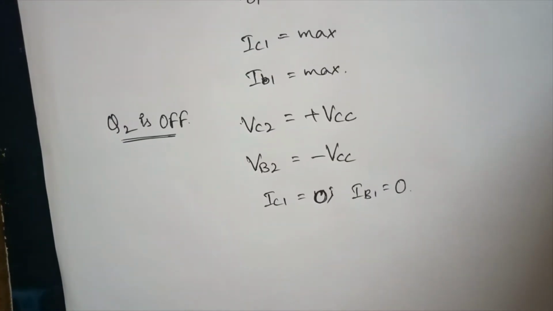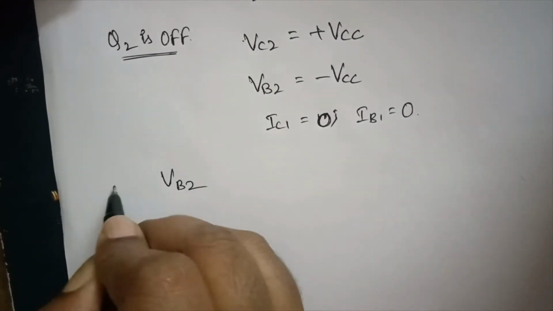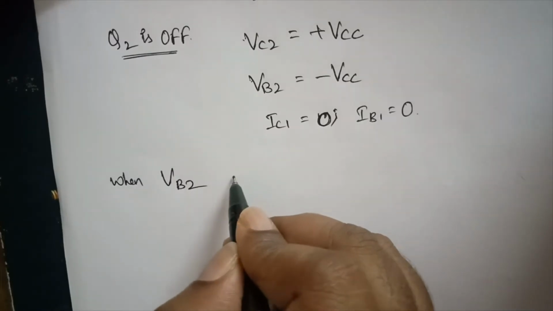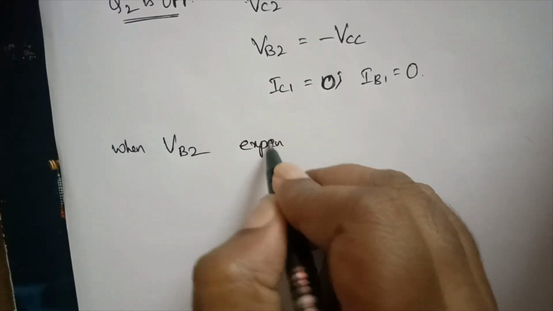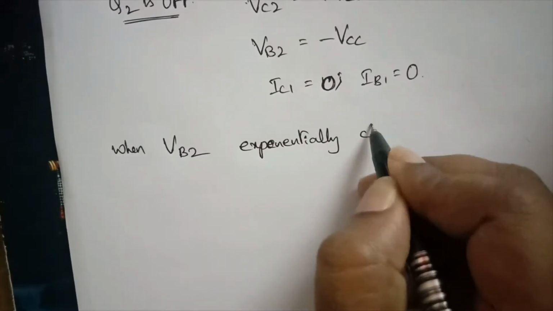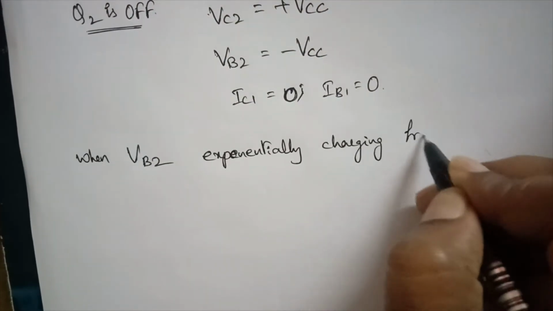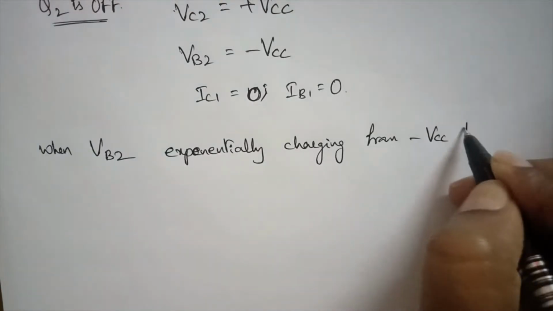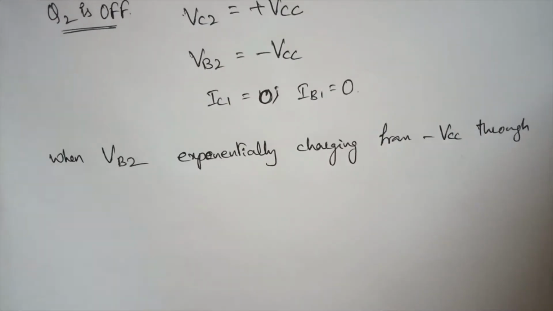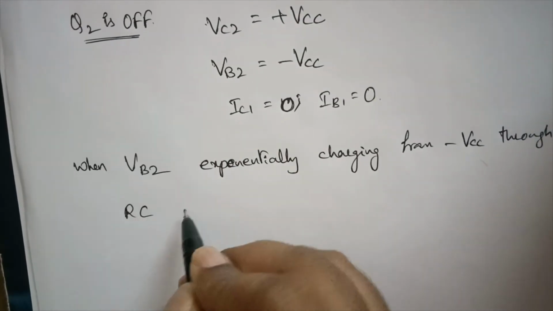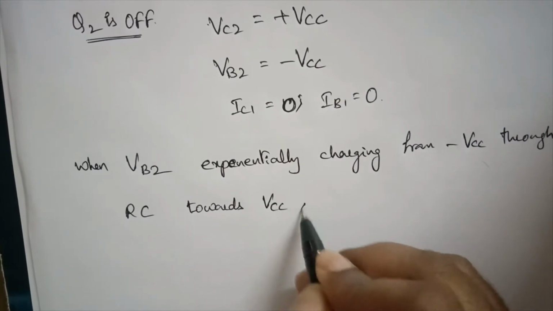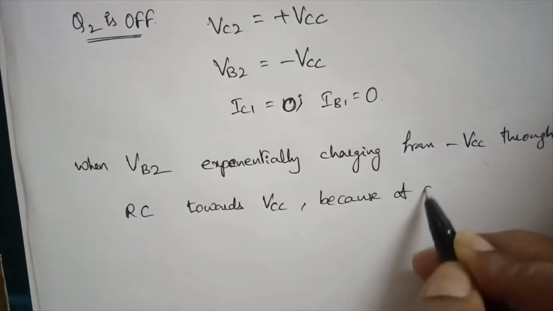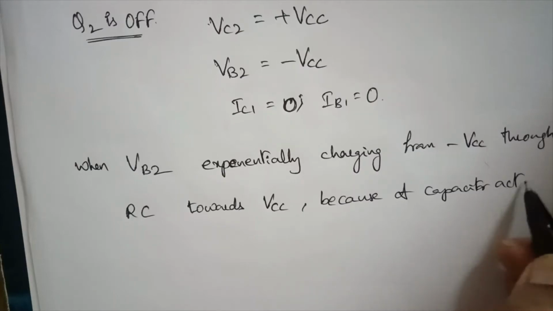So when VB2 is exponentially charging from minus VCC through RC towards VCC, because of capacitor action.